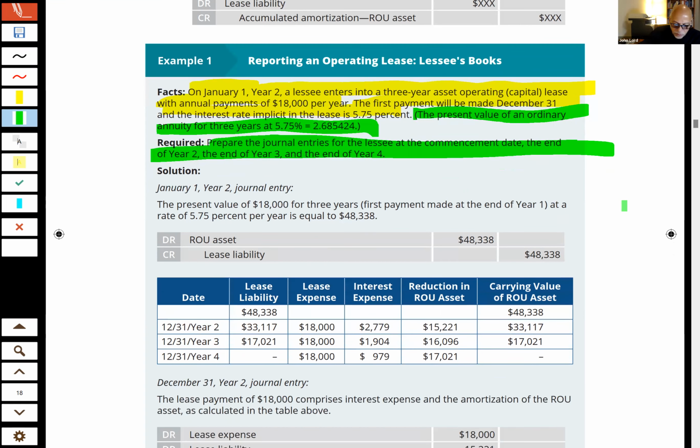But the first thing we would do is take this, and I don't know why the book didn't show you how they calculated that, but we would take that 18,000.